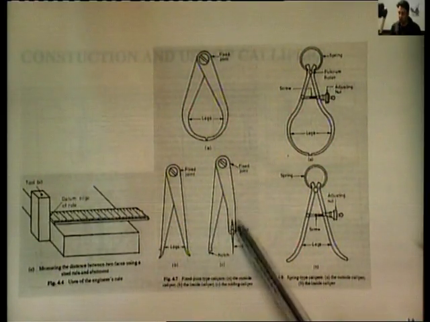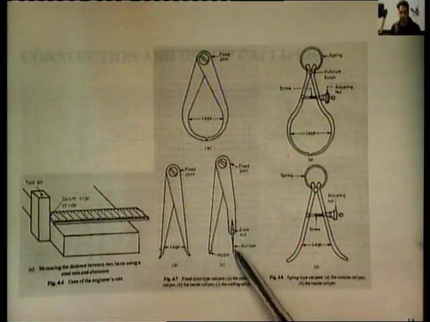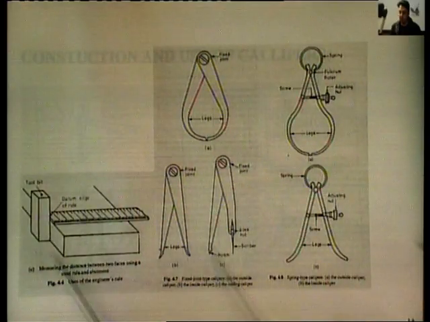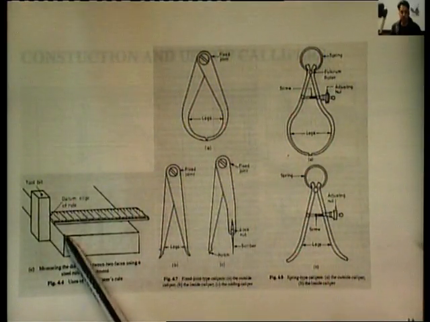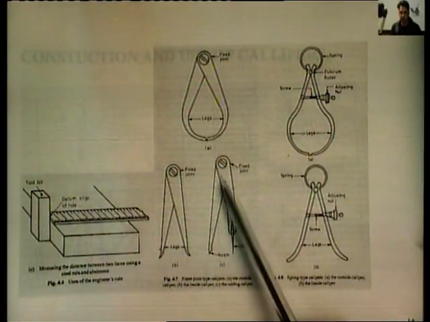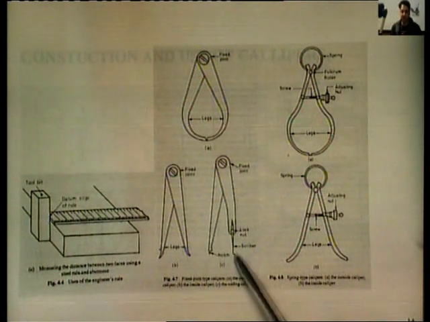And this tool over here, which is called the odd leg caliper, is having a scriber over here, and there is a notch over here. This notch gets fixed upon the square edge of the workpiece, and while we pull this along the edge of the workpiece, this scriber marks a fine line on the job.